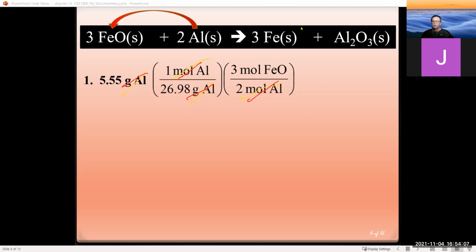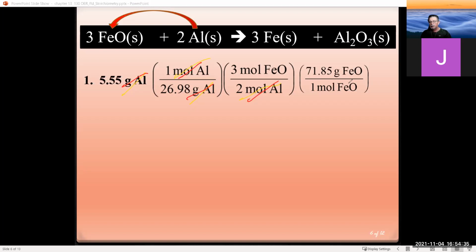So I need one more factor, which would be the molar mass of iron two oxide. And that's simply the sum of the atomic weights of iron and oxygen to give us 71.85 grams per mole. Remember, atomic weight or molar mass have the units of grams per mole.